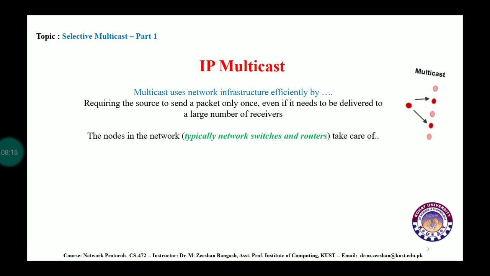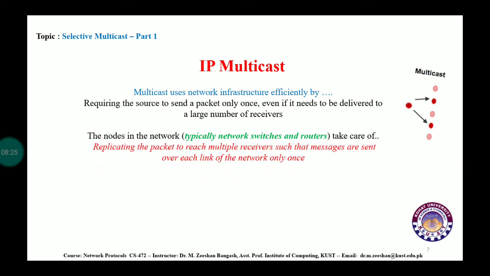The nodes in the network, particularly the intermediate nodes, that may be the switches or the routers, take care of replicating the packet to reach multiple receivers, such that the messages are sent over each link of the network only once.